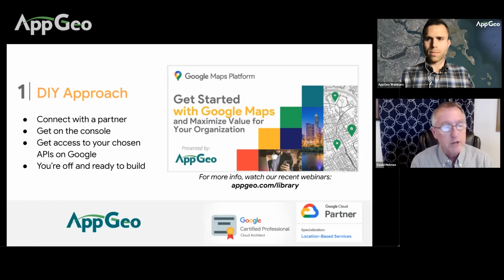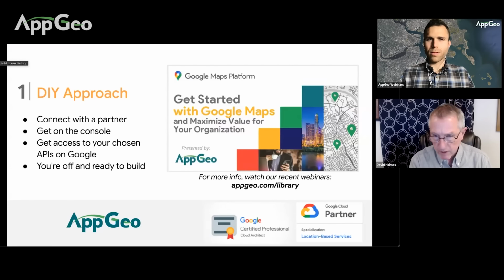And then, as Aaron was showing today, the new features of custom styling is done through the console. The new, I want to work in vector space and WebGL, tilt, rotate, and then these new templates are all done through the console. So you get started in the console, get your APIs, and then you're ready to start building your application.